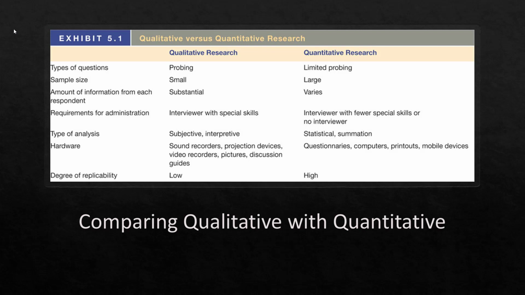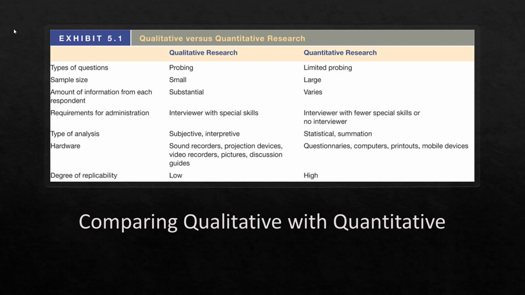For quantitative research, the amount of information is typically limited. If you have 20 closed-ended questions, most likely people just make choices or click for each question, so you have 20 answers, and those answers are not open-ended, so the amount of information is usually limited.